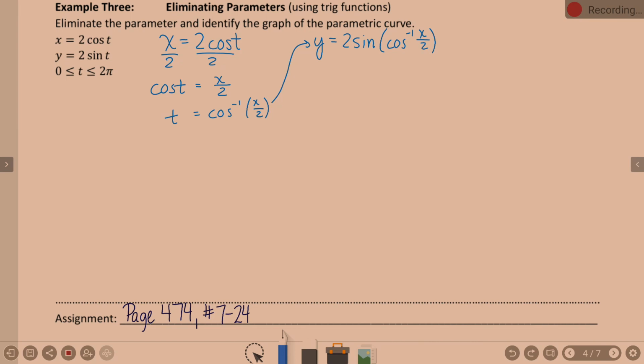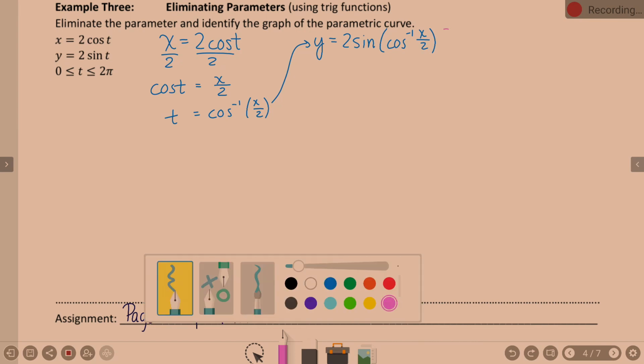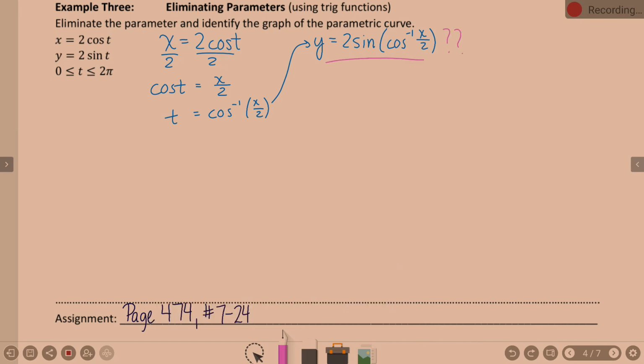We have this problem of what is this mess? So we're going to take a plan B route here. Plan A was solving for t and substituting.